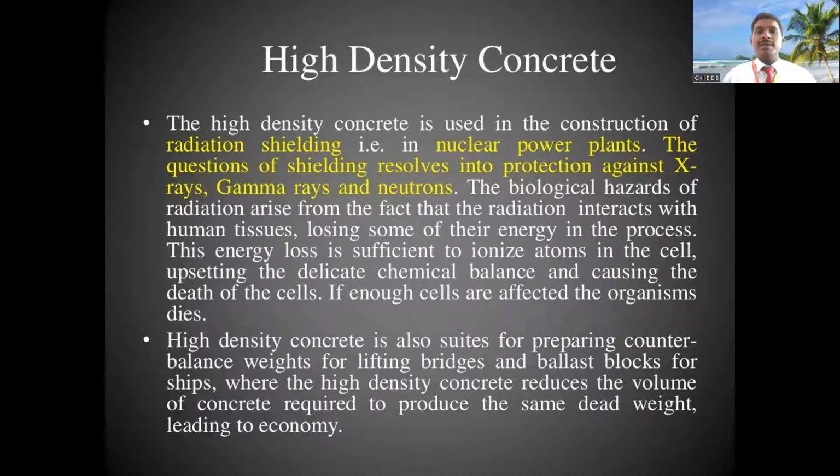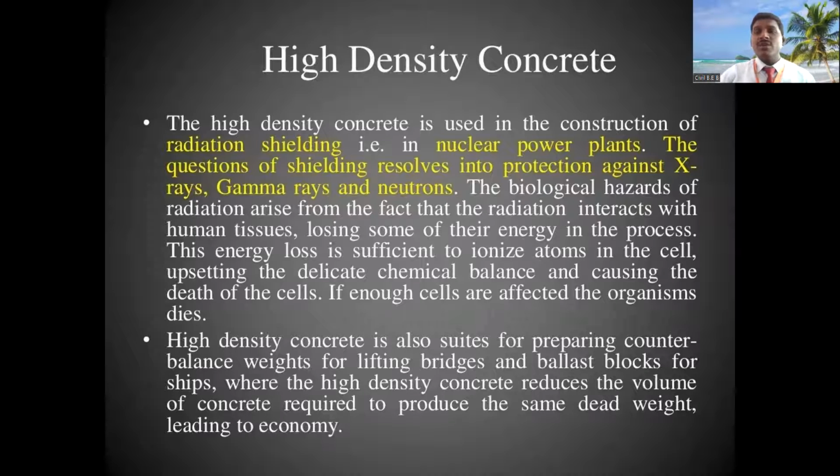In the nuclear power plant, heat is there, so whatever concrete we make there is high density concrete. Then there are biological hazards, radiations arising from radiation interaction. If we want to protect from some radiations, then we construct such high density concretes there.